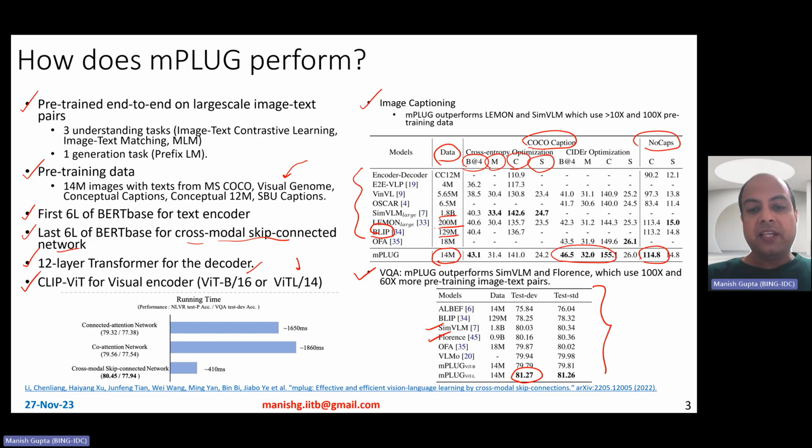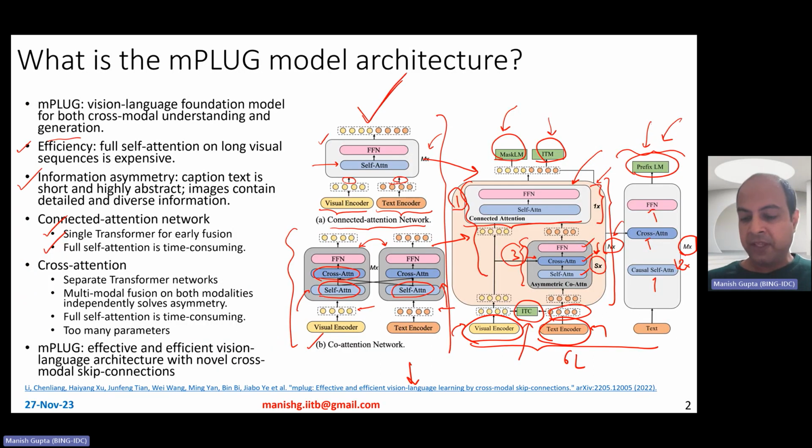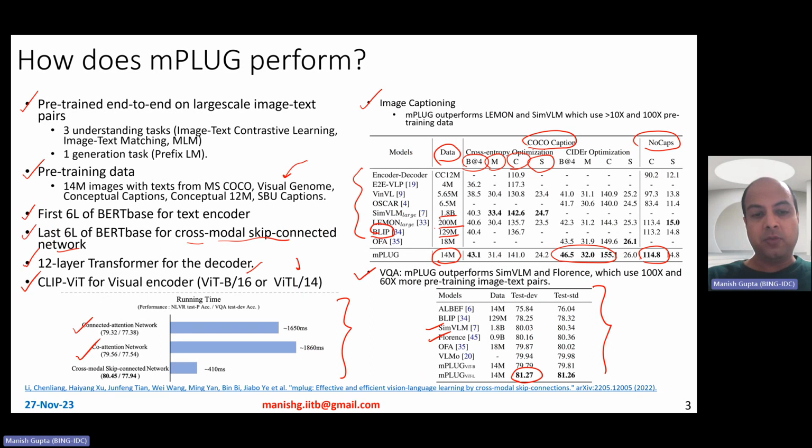Now, if you think about the inference part, the runtime at inference, you observe that the connected attention network and co-attention network, the 2 architectural choices that I showed you here, are not as great. They took way longer to come up with the final output. Compared to that, our cross-modal skip connected network, the mPLUG model, takes about 4x smaller amount of time.